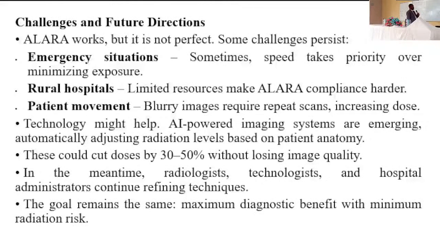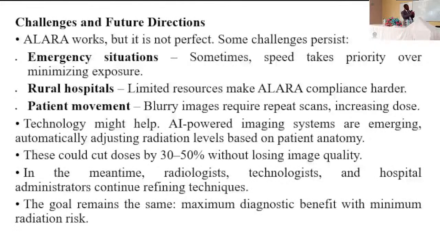So technology is advancing. AI-powered imaging systems are emerging, automatically adjusting radiation levels based on patient anatomy. This can cut doses by 30 to 50% without losing image quality. There is a way you can individualize for a particular patient.